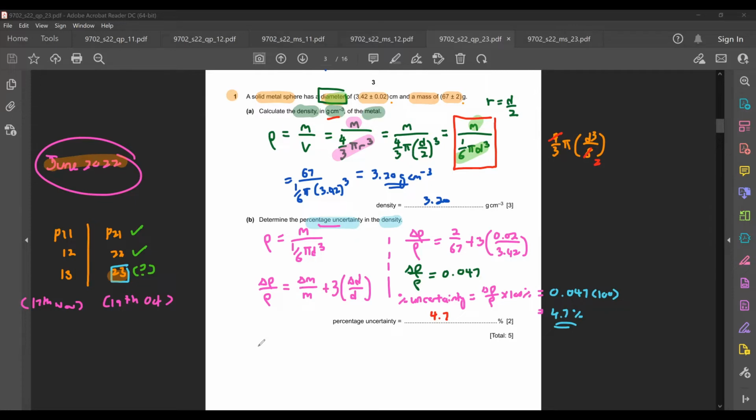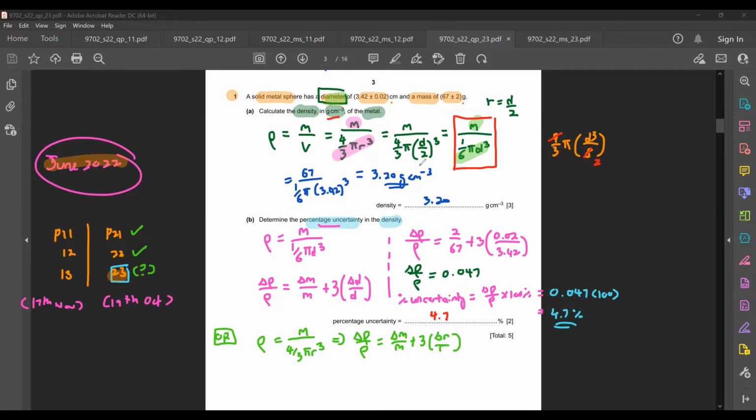Let me write it as a separate working here. If density equals m over 4 over 3 pi r cubed, I can say that the fractional uncertainty of the density equals the fractional uncertainty of the mass plus 3 times the fractional uncertainty of r.